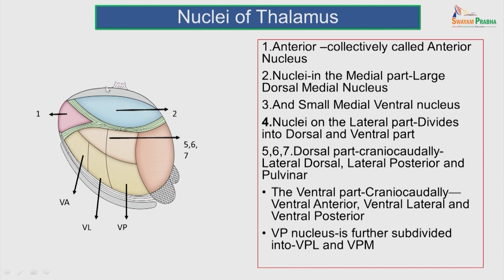There is also the midline nucleus, the centromedian nucleus, and the reticular nucleus in the extramedullary lamina on the lateral aspect. So, this is the nuclear complex that is present within the thalamus.